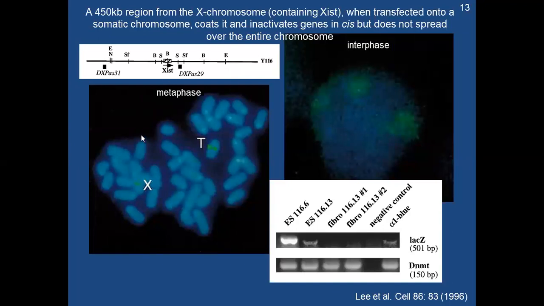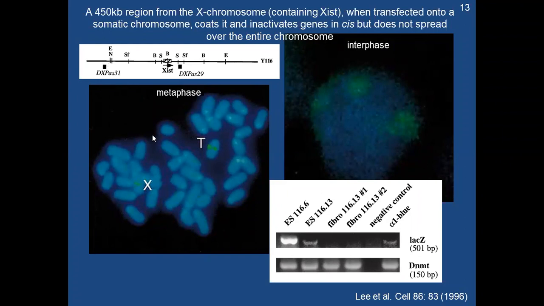Here we have signal coming from this region in chromosome X, this green signal, because chromosome X naturally has this sequence. But there is another chromosome that contains nice green signals, and therefore we can say that this construct has been stably transfected into a different chromosome.